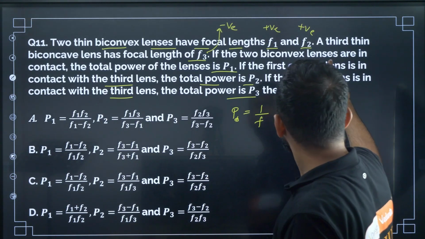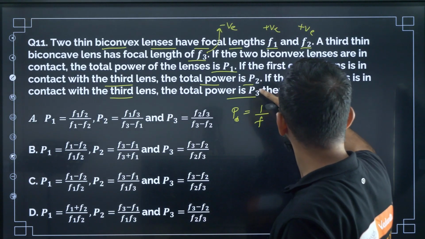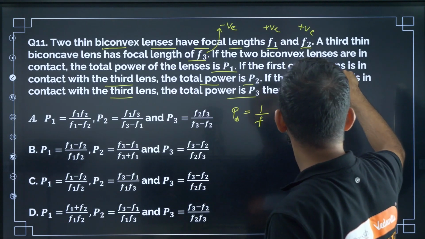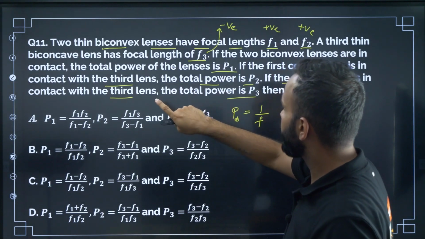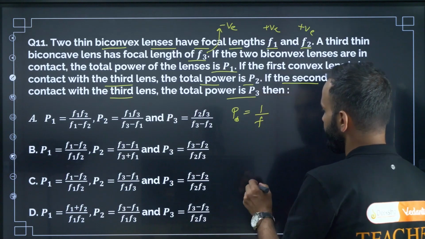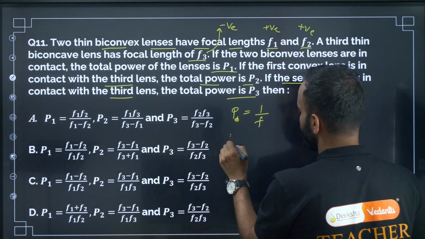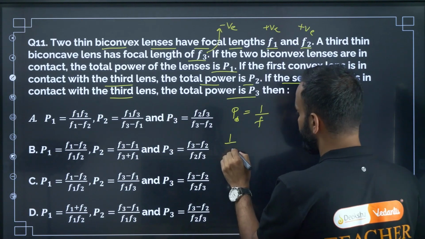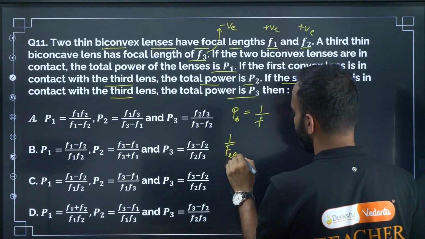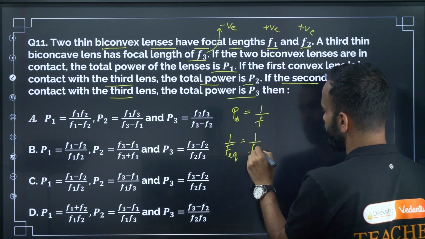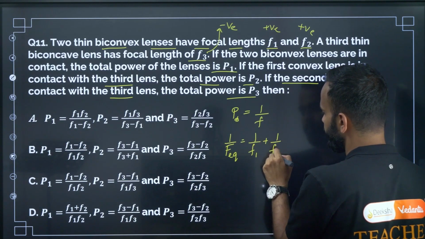The first two lenses, that is convex lenses, are in contact, and the total power is P1. Before that, let's find the equivalent focal length. When two lenses are in contact, 1 divided by F equivalent is equal to 1 by F1 plus 1 by F2.